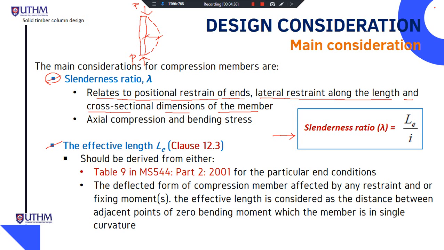Formula for slenderness ratio is lambda equal to L effective divided by radius of gyration, where this radius of gyration is equal to this formula: I, the moment of inertia, divided by area of column.